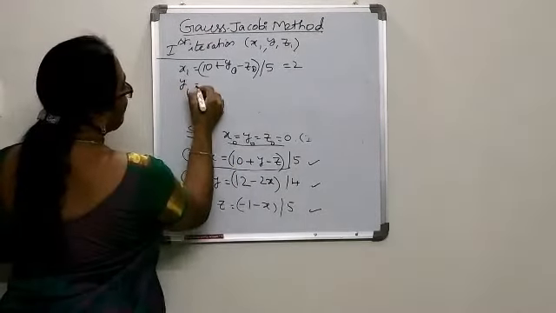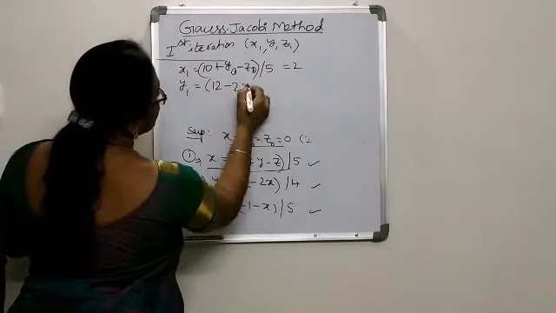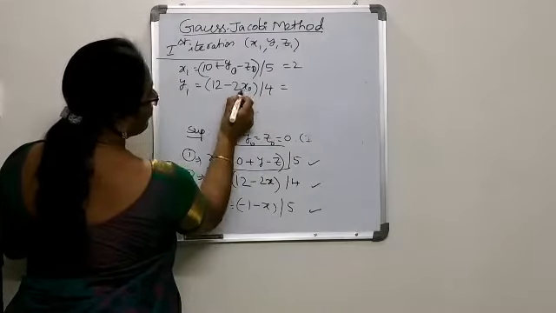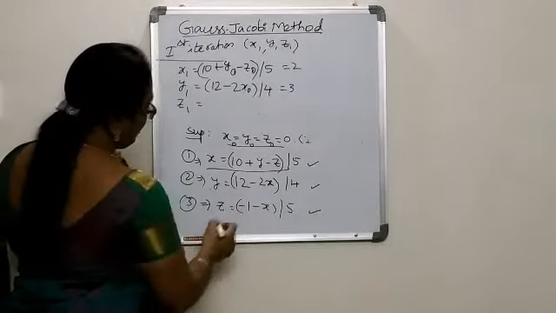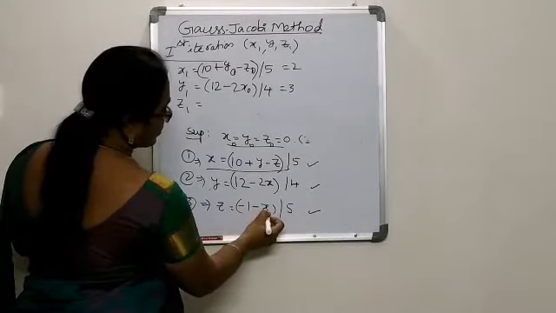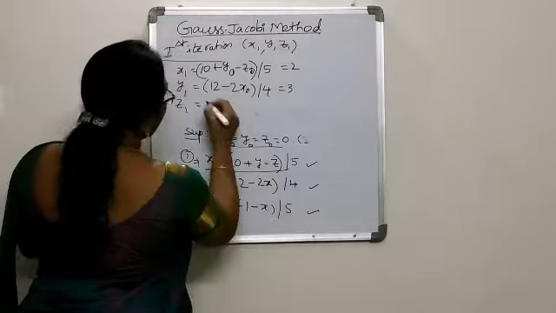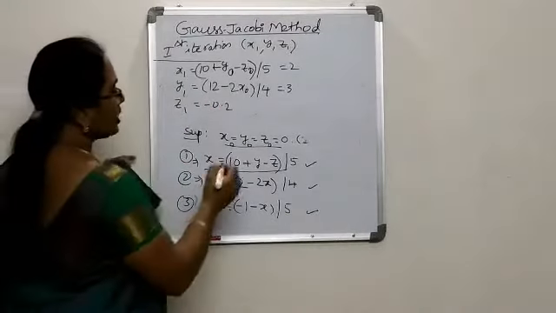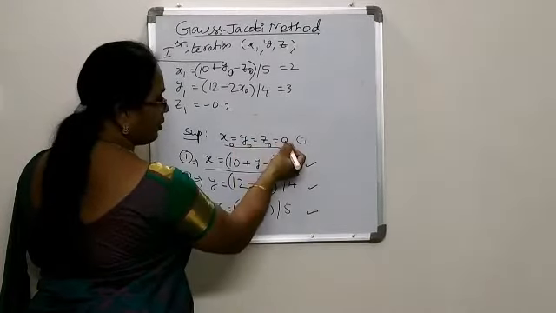Similarly, the value of y1 from the second equation is (12 minus 2x0) upon 4. Because x0 is 0, 12 by 4 is 3. The next is z1. It is (minus 1 minus x0) by 5. Because x0 is 0, it is minus 1 by 5, which is minus 0.2. Right? So the initial approximation values are taken to be 0.